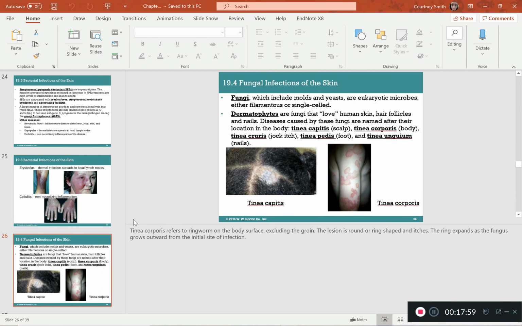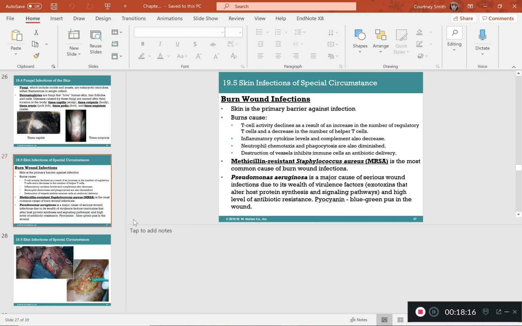Some of you might end up working in a burn unit or in the ICU, so definitely know this. I do want you to know the different presentations of burn wounds in terms of a P. aeruginosa infection. The hallmark: if you have a burn patient with a P. aeruginosa infection, you will get green-blue pus in the wound.